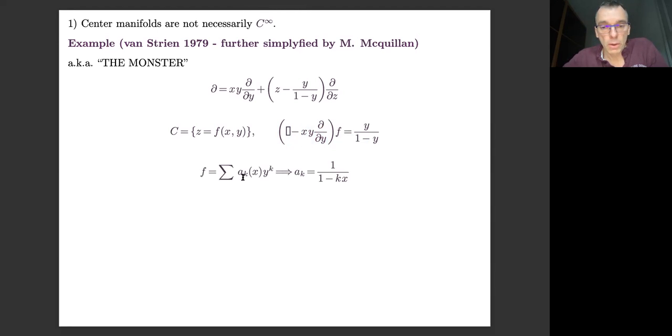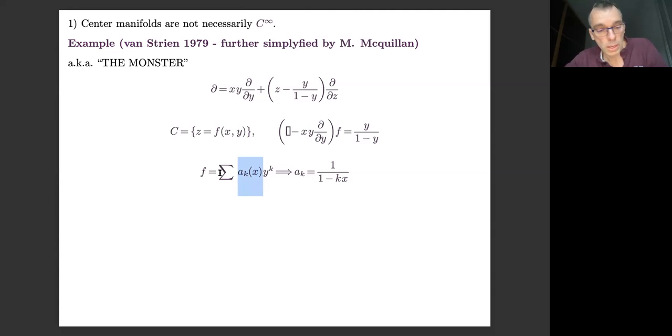And now I suppose that f is C infinity, and I try to expand it in terms of the y variable with coefficients which depend on x, with C infinity functions of x.